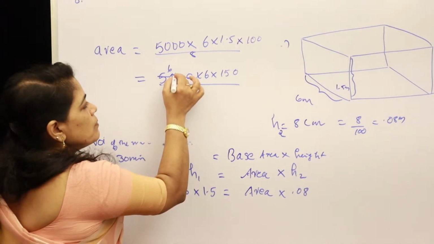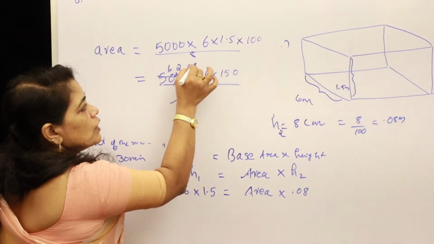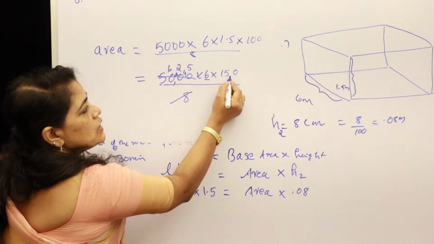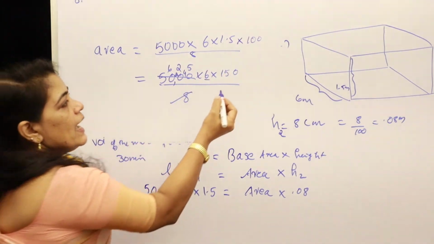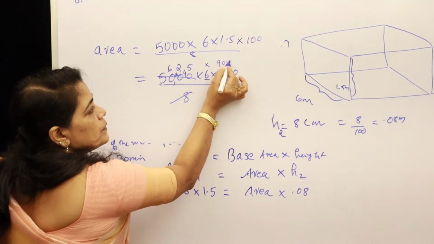In 50, 6 times, right? 48, so 2 remainder. In 20, 2 times 16, 4 carries. In 40, 5 times. So 625, and 6 into 150 is 900. Hope this is clear.